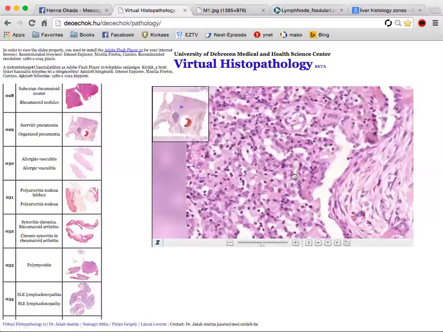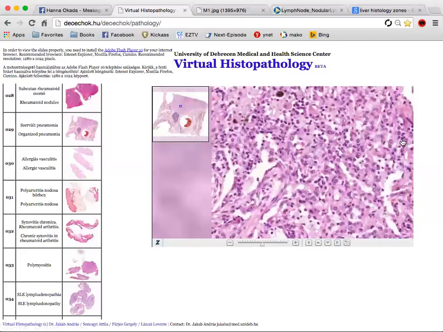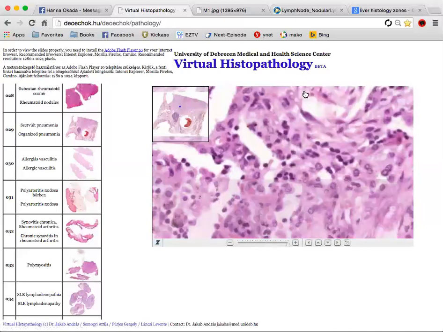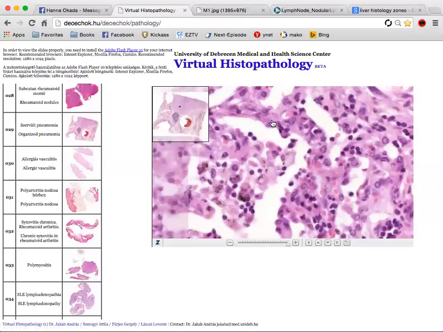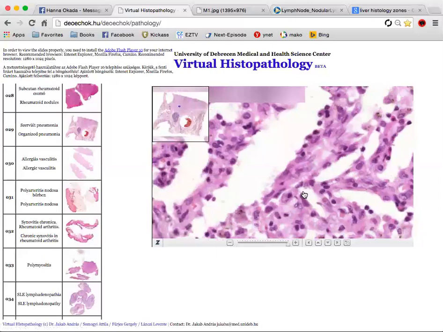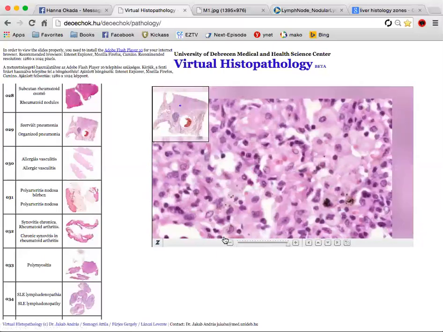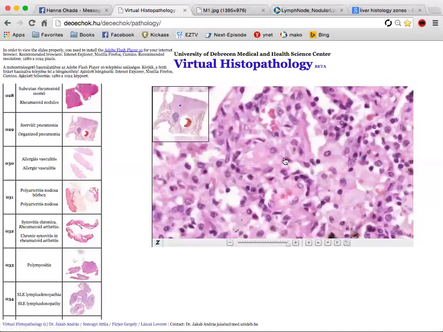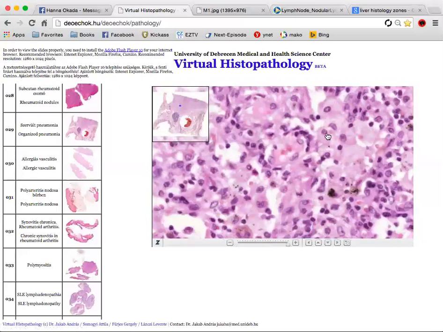And I'm going to show you this area. It doesn't even really look like lung anymore.